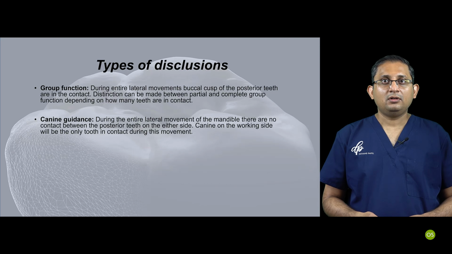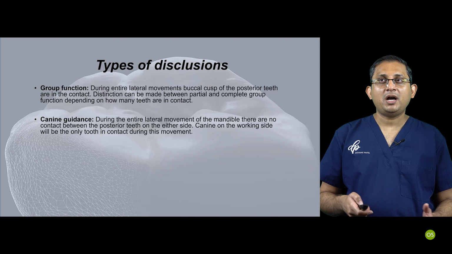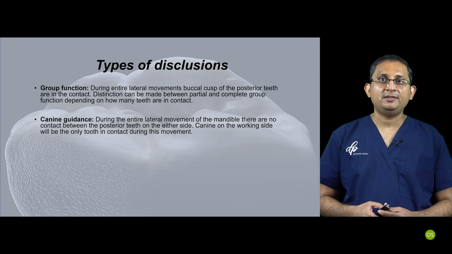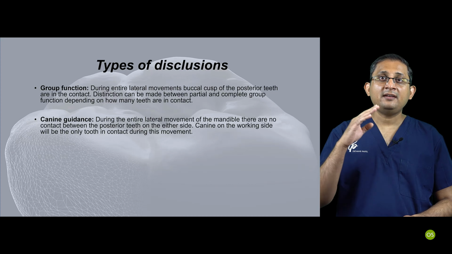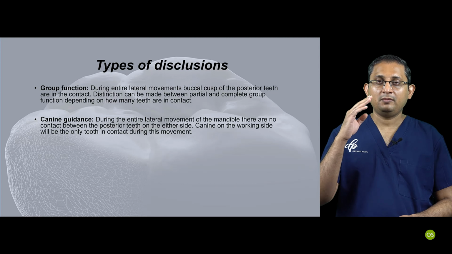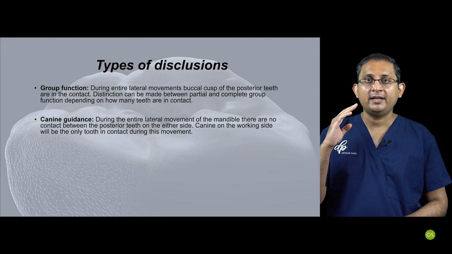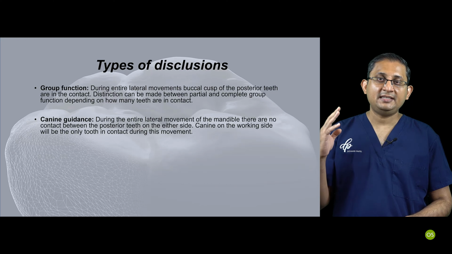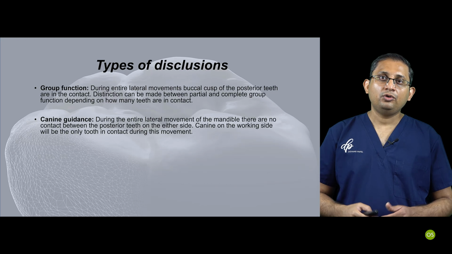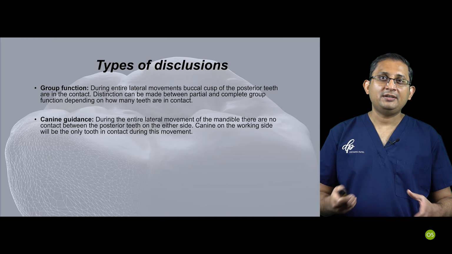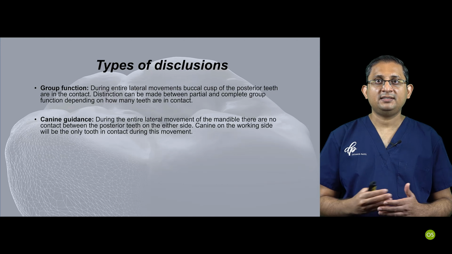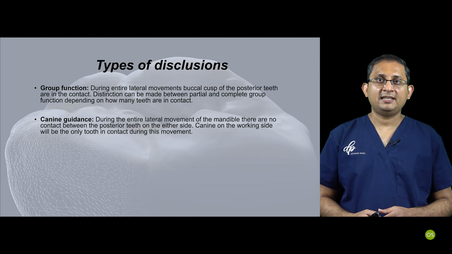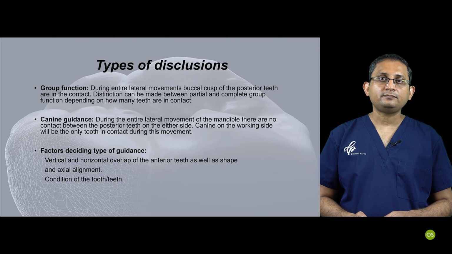Now, you can have a partial or complete group function, which means you can have, let's say, canine guidance to start with, and then the first premolar guiding and then the second premolar guiding, and then at the end all three teeth are guiding together. So you can have different variations of guidance when you're looking at group function, whereas canine guidance is simple, just one canine guiding all the time.